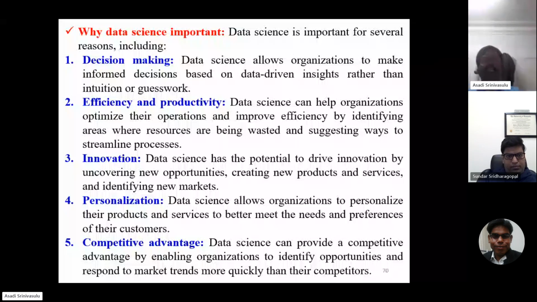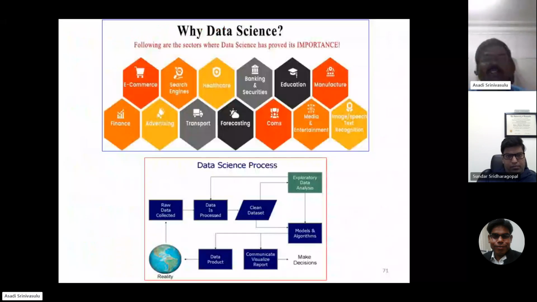If you look at the verticals, we are using data science in the finance sector in order to generate various kinds of finance-related information. In e-commerce like Amazon and Flipkart, they are attracting the public.